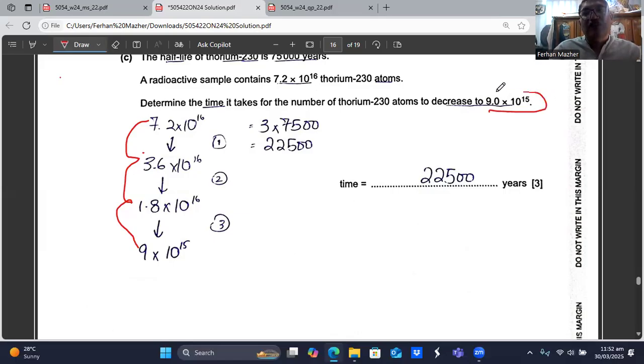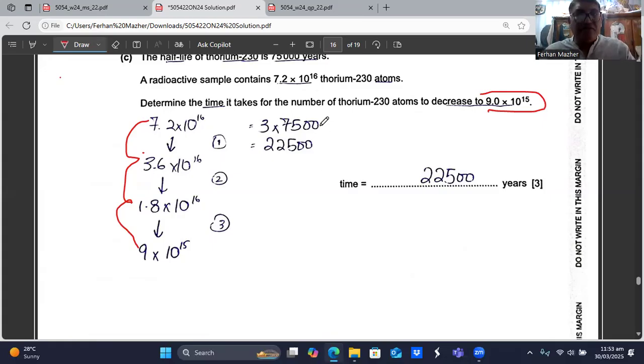So see how many half-lives have passed. Just count these gaps: 1, 2, and 3. So 3 half-lives. One half-life is 75,000, so multiply it with 3. So the time passed is... I said 75,000, he wrote 2,500.